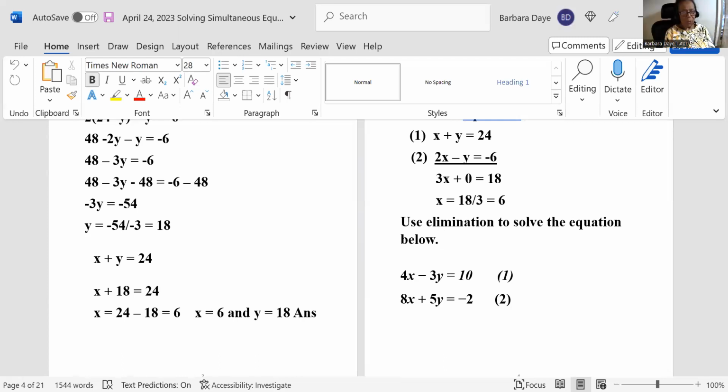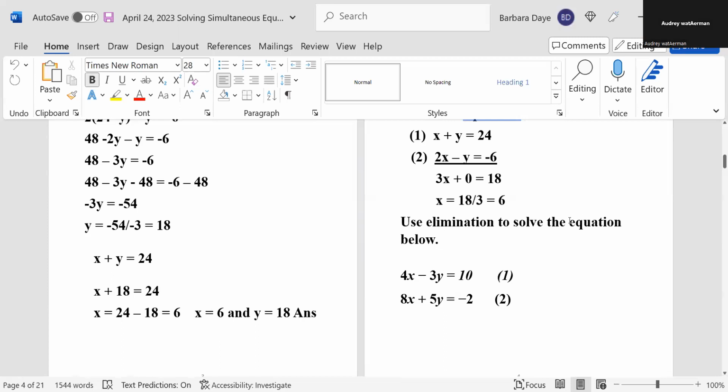Remember, the elimination is to eliminate one of the variables so you have just one variable to solve. Wait a minute, she eliminates the Y. Maureen, what are you saying? What would you do first? You said a variable, right?